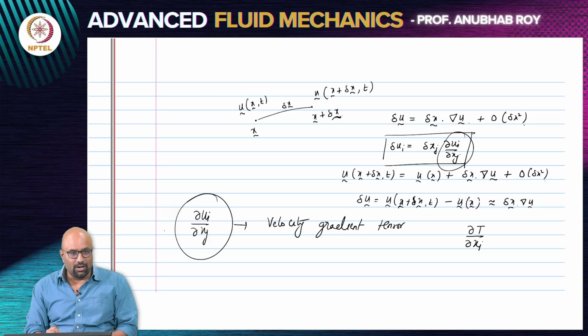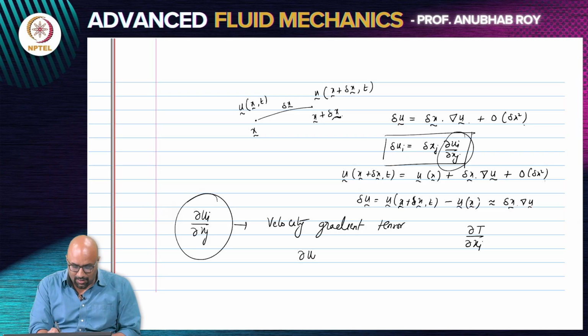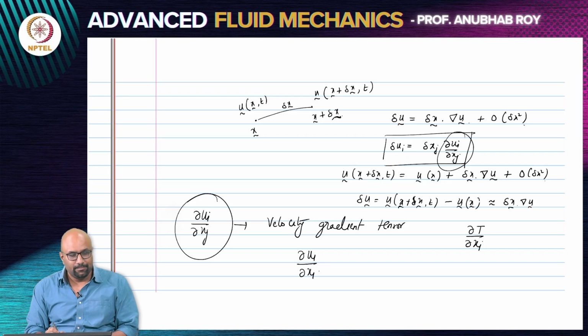It will denote velocity variations, like the variation of the velocity along the one direction for the one component, along the one direction for the 2 component, and the variation of the velocity of the 3 direction along the one component. So you will have all the 9 components of this velocity gradient.